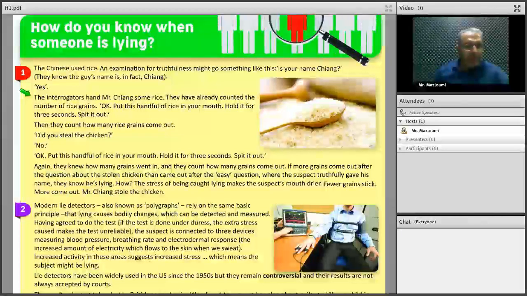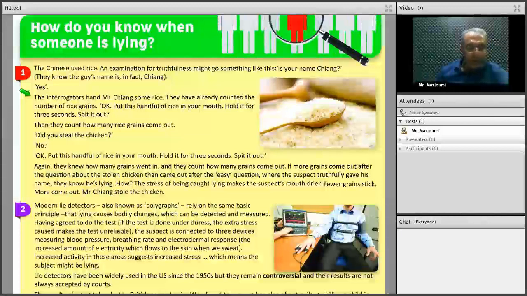So, the interrogator gives Mr. Chang some rice. They have already counted the number of rice grains, so they know how many rice grains there are.